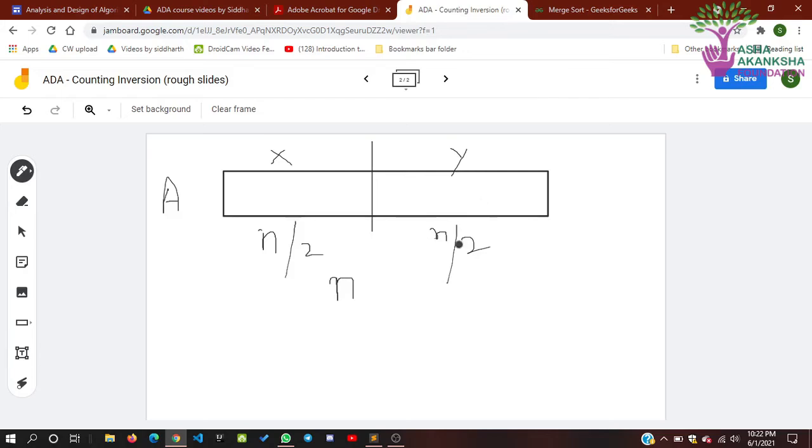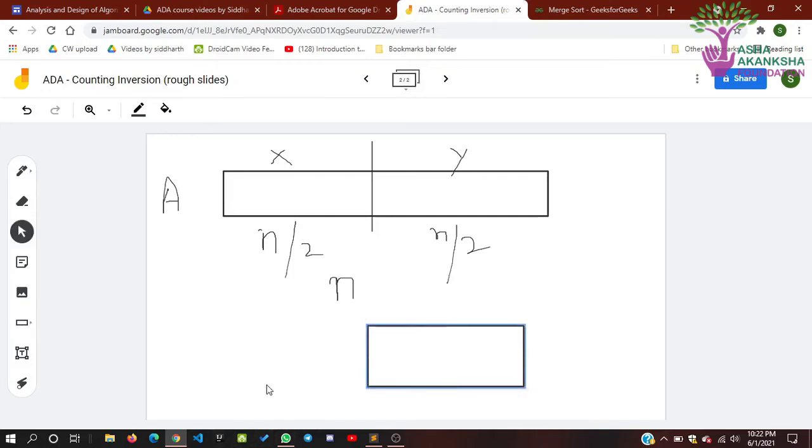Now suppose I create a function which gives me the number of inversions in this particular array. Suppose this function is a black box.